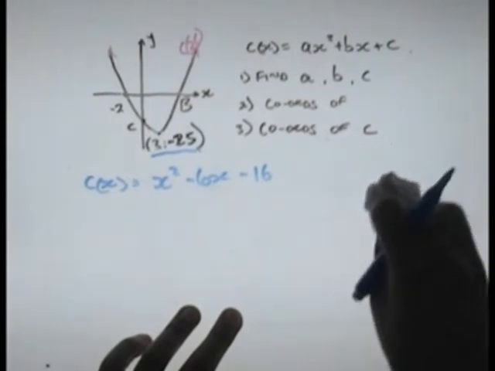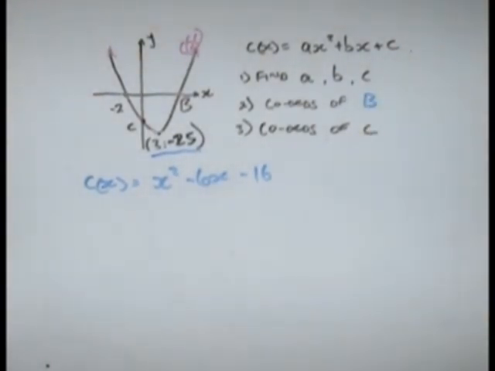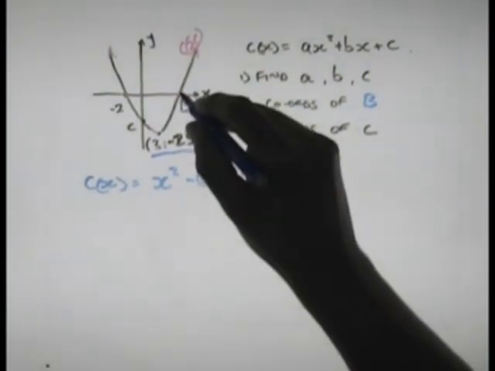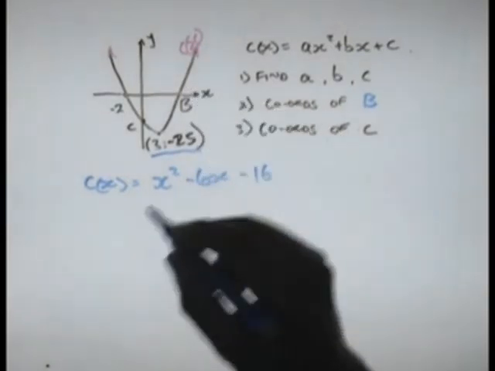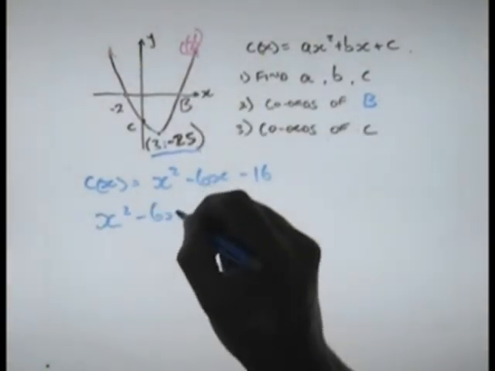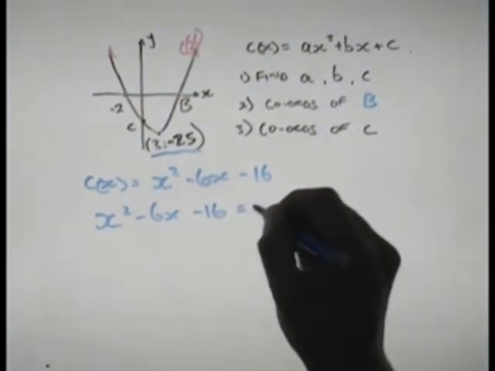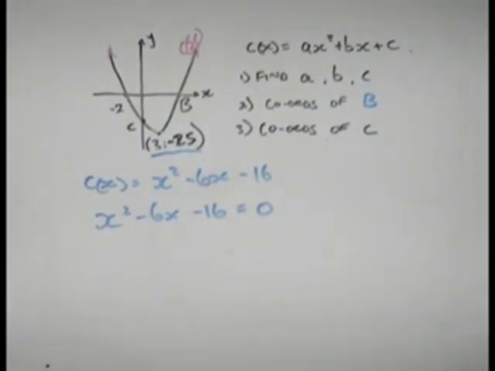Now the second question I asked was for us to find the coordinates of B. Remember, B is our other x-intercept, which means that at B, y is equal to 0. So we have x squared minus 6x minus 16 being equal to 0 at B and at negative 2.